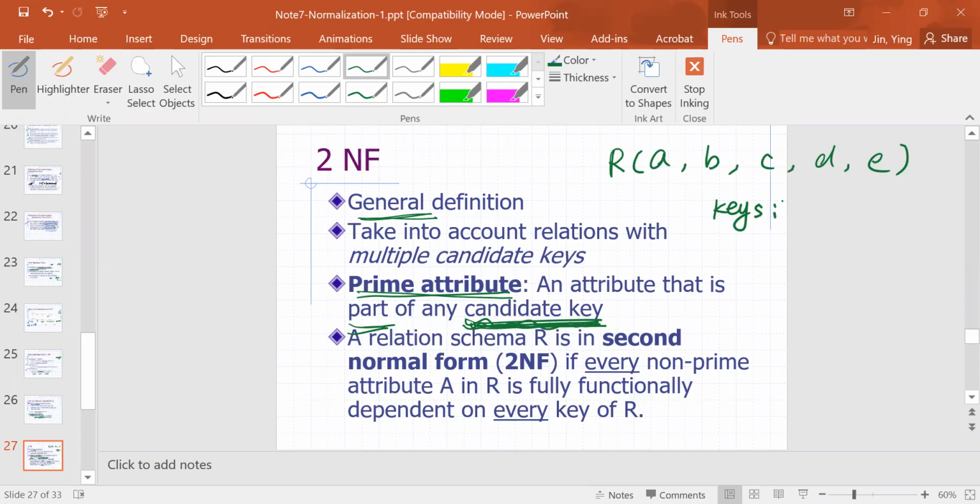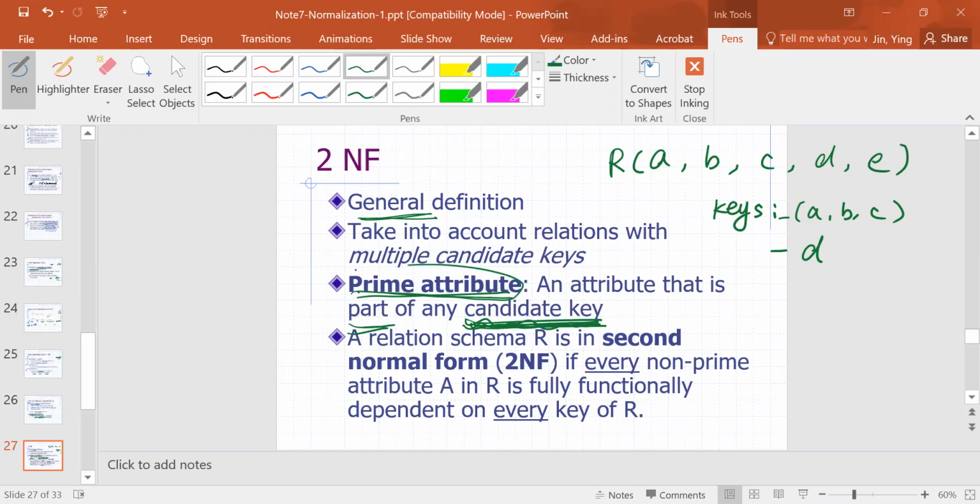When you go to 174, we'll learn how to use an algorithm to produce keys, but not here. So say I have two keys: one is ABC, the second key is D itself. It's two keys: one is composite, the other is a single attribute.